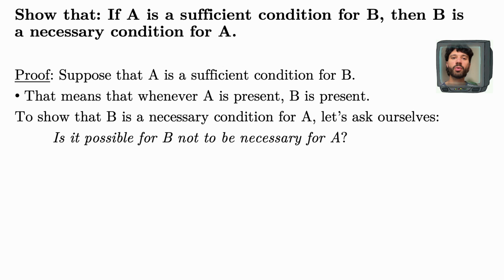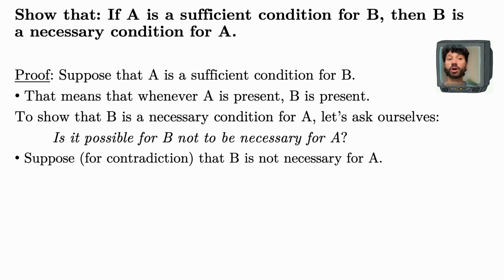Well, we do what we've been doing throughout this video and in other ones. We suppose, and this is for contradiction, that B is not necessary for A. Why do we do this? Because we suppose the opposite of what we want to show. And if we say, well, could that be true? And if it's impossible for that to be true, then the original thing must be true.